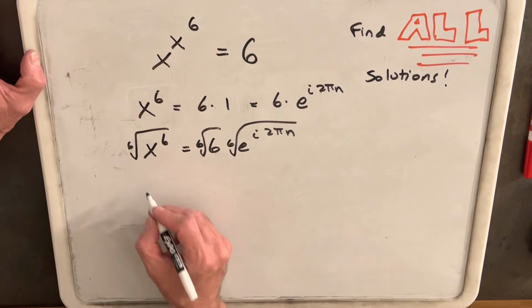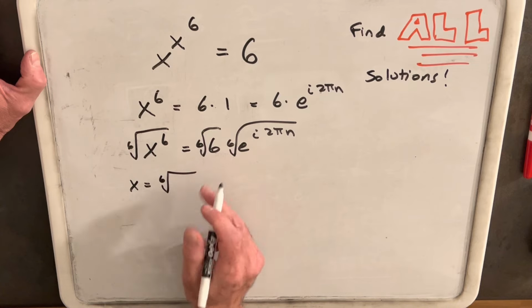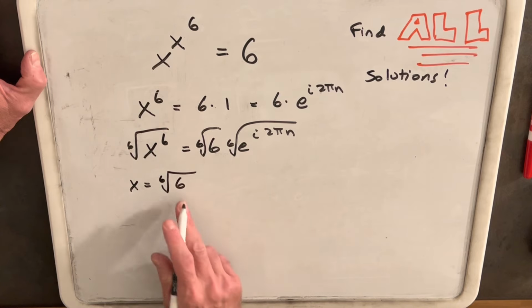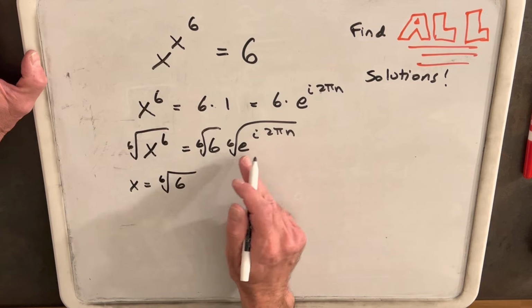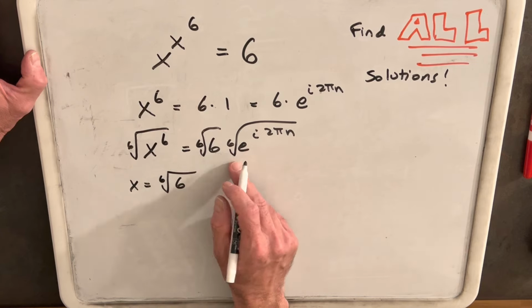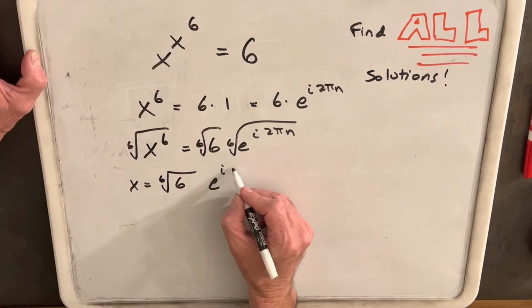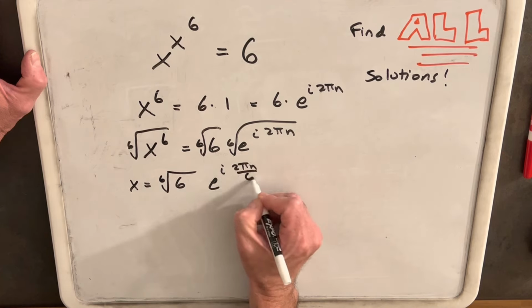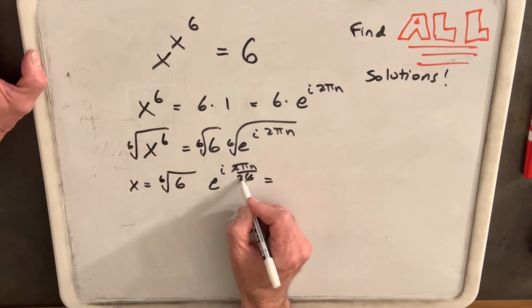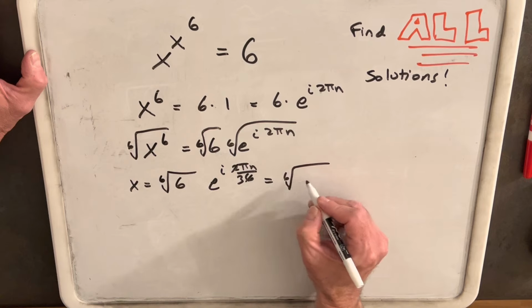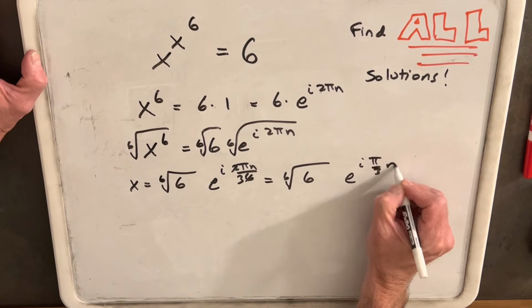On the left, x equals, we'll just take our real part, 6th root of 6. Then let's rewrite this 6th root as 1 over 6. So we can rewrite this as e to the i 2 pi n over 6. But then we can cancel here, and we're going to have this side being the 6th root of 6 times e to the i pi over 3 n.